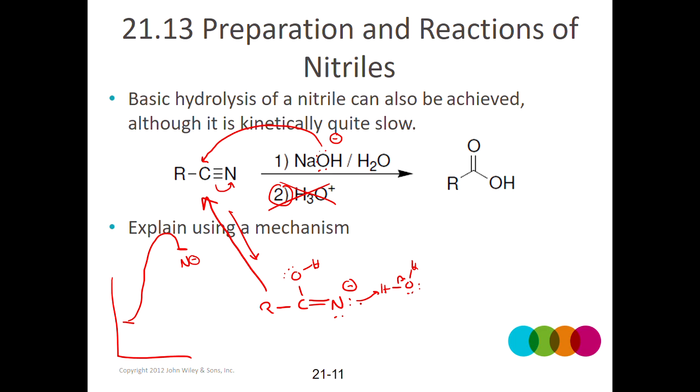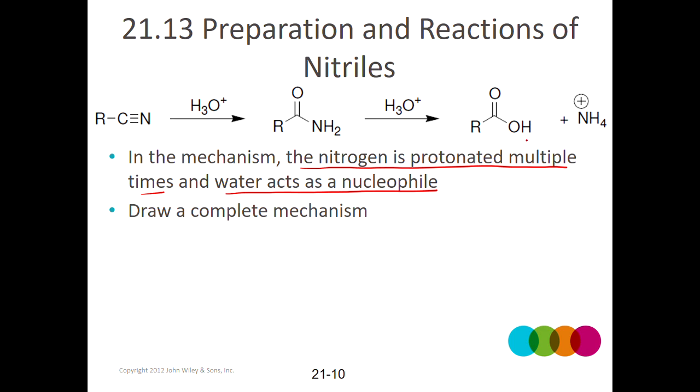So even if it did form, it would be forming very slowly. And so it's not a practical way to produce a carboxylic acid. Right? We just showed how to do that. If you want to make a carboxylic acid from a nitrile, H3O plus and water is your way to go through the mechanism we described.